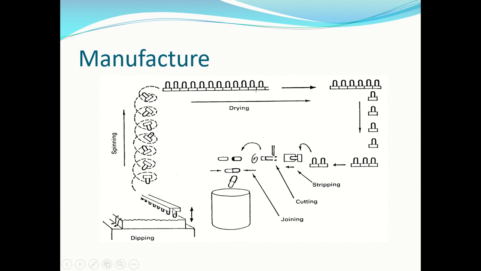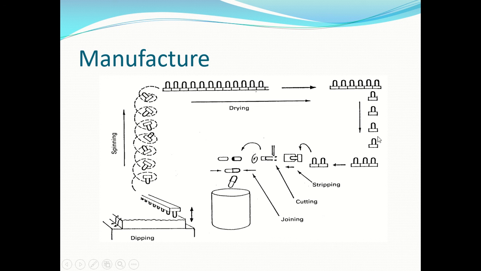To distribute it uniformly, the spinning process takes place, so that a uniform surface thickness of the gelatin layer forms. Then it is allowed to dry, at around 40 to 60 degrees Celsius based on the conditions.